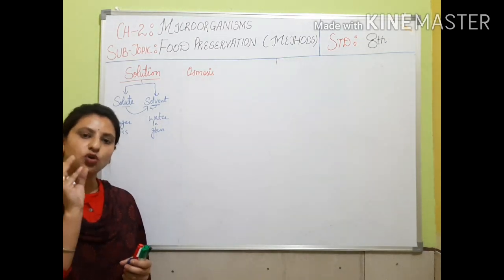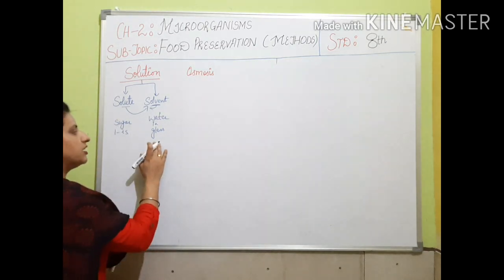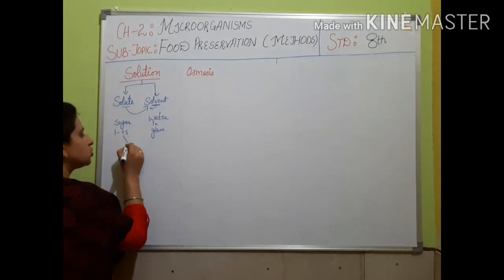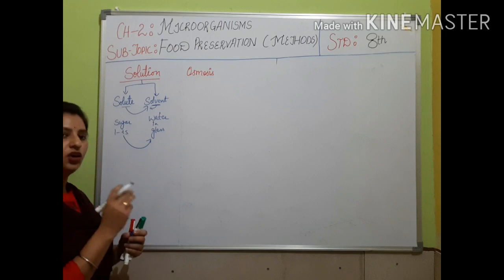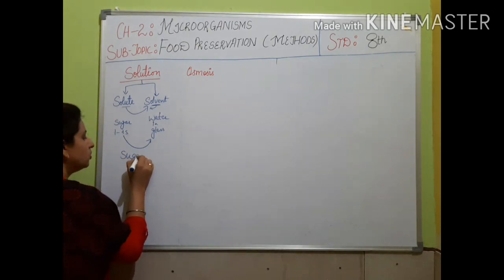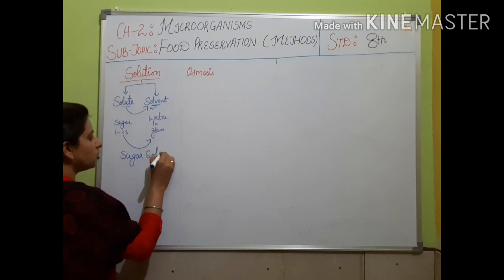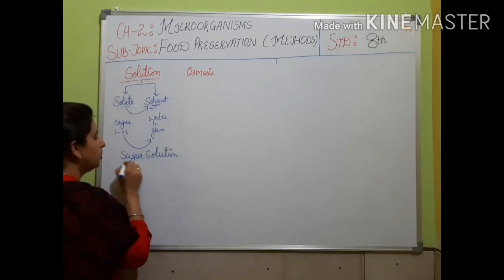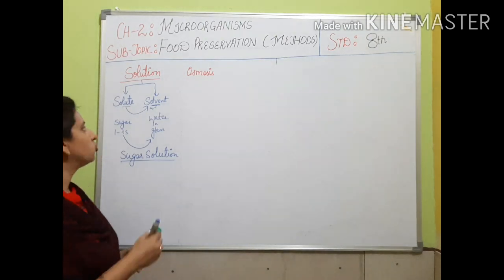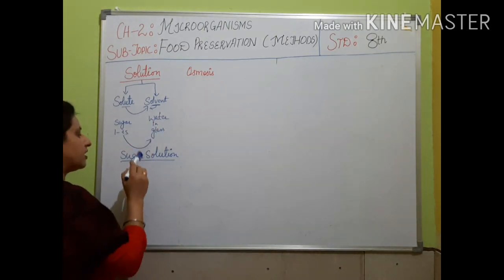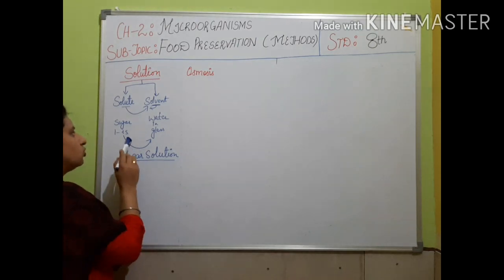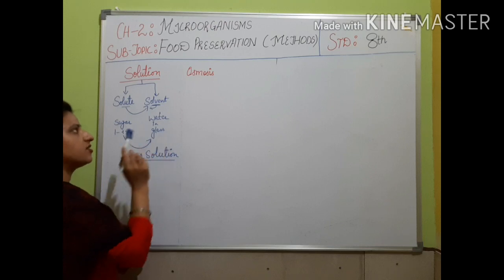So I am adding 1 teaspoon of sugar into the water. What will happen? Finally the sugar solution is formed. In a solution there are two parts, solute and solvent, and at last we got the sugar solution which has sugar as solute and water as solvent.